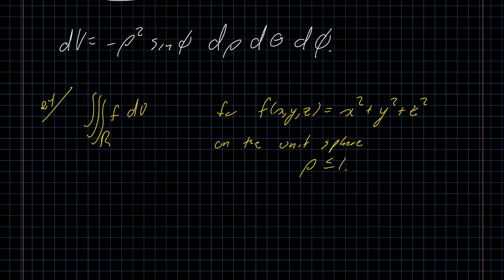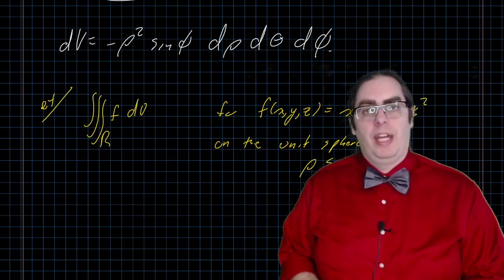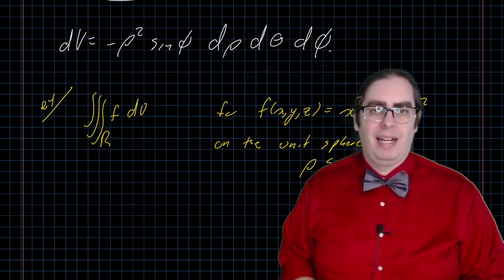So I'd actually like you to take a look at this problem on your own. We're going to take the triple integral for a function f of x, y, and z equals x squared plus y squared plus z squared. And the region of integration is the unit sphere, the ball where rho is less than or equal to 1. All right, so take a couple of minutes, see what you can do with that integral, and I'll see you in the next video.